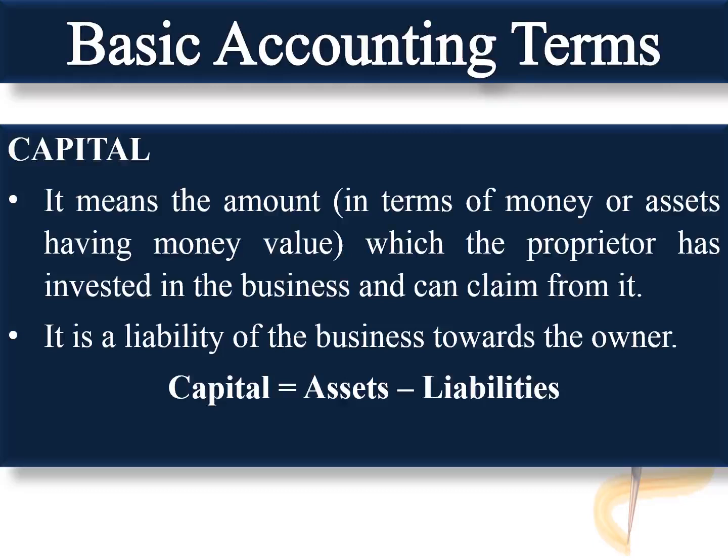Now, in case of sole proprietor, the amount invested by the owner is known as capital. When it comes to a partnership firm, the amount contributed by the partners is known as partners' capital, and in case of a company form of organization, the amount contributed by the shareholders is known as share capital.